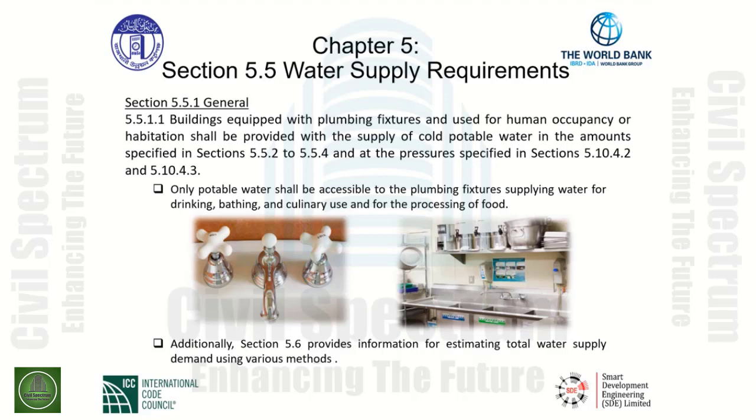Additionally, 5.6 provides information for estimating total water supply demand using various methods. So the code user is directed to section 5.6 for specific information on estimating the total water demand.